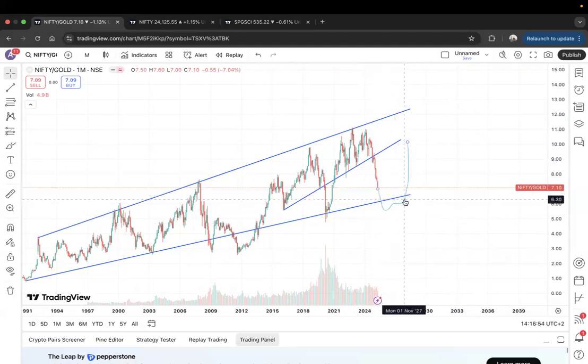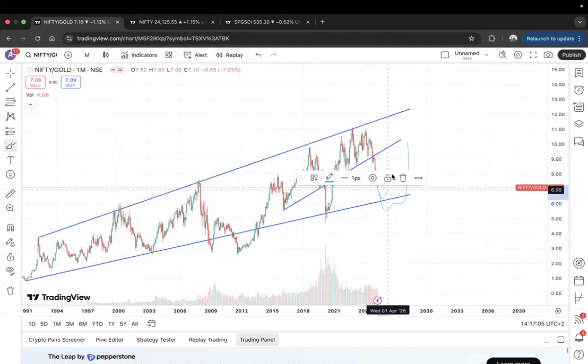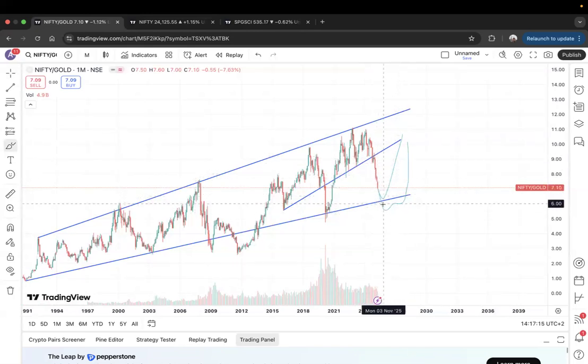So potentially we could have 1 to 2 years of this ratio being down here, or the alternate scenario is we come down here and then go back up here. But even then, we are talking about some time lag. So what this says to me is that when this ratio goes down and spends time around this trend line, the Nifty returns are going to be affected in general.